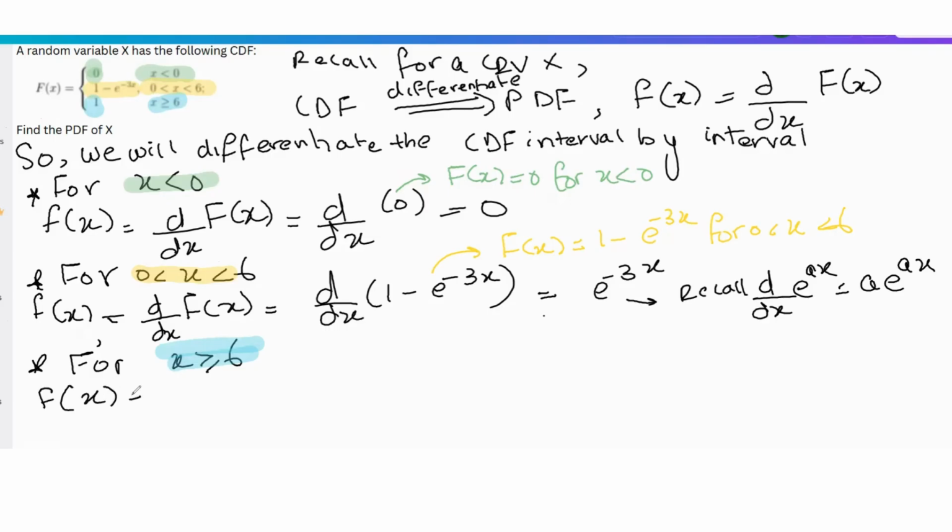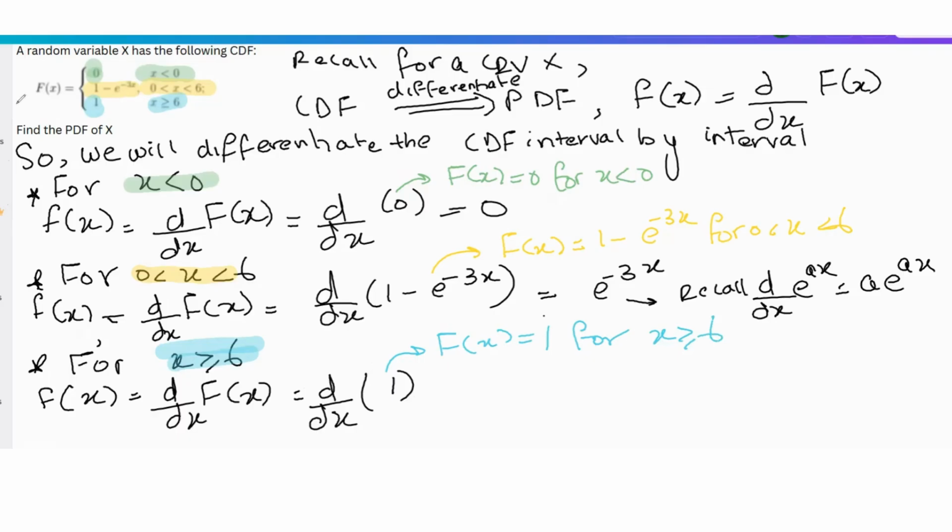So we know small f of x, which is the PDF, is equal to the derivative of the CDF, and in this interval, the CDF is defined as 1. So we know that F(x) is equal to 1 for x greater than or equal to 6. And we know the derivative of any constant is 0, so this is just going to be 0.